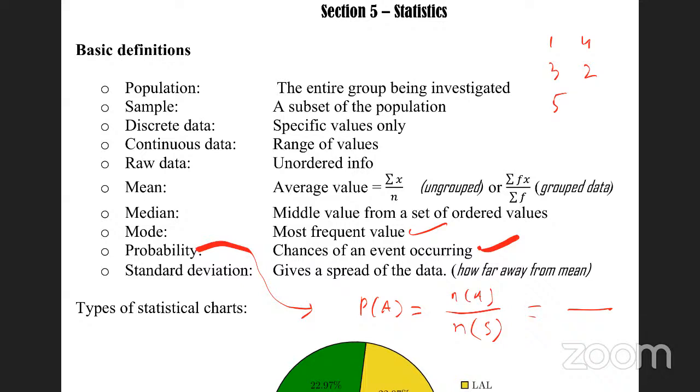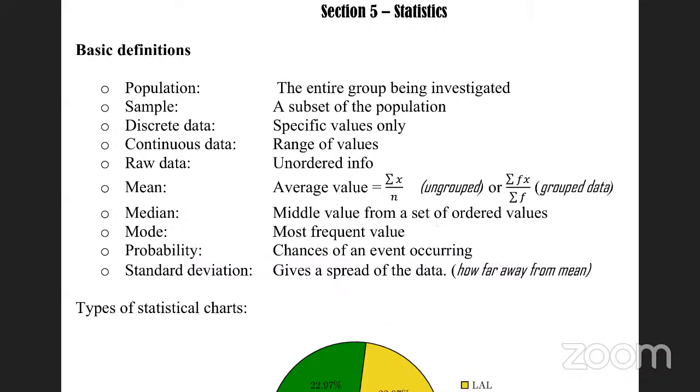You have 5 numbers and 1 one, so 1 over 5. The probability of choosing an even number is 2 over 5. The probability of choosing an odd number is 3 over 5.